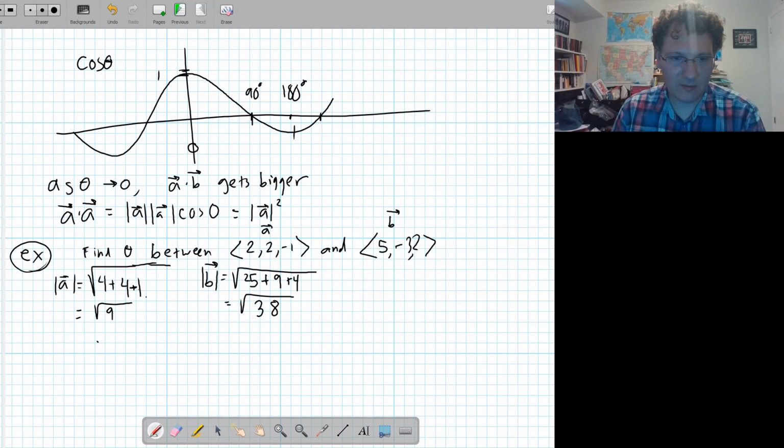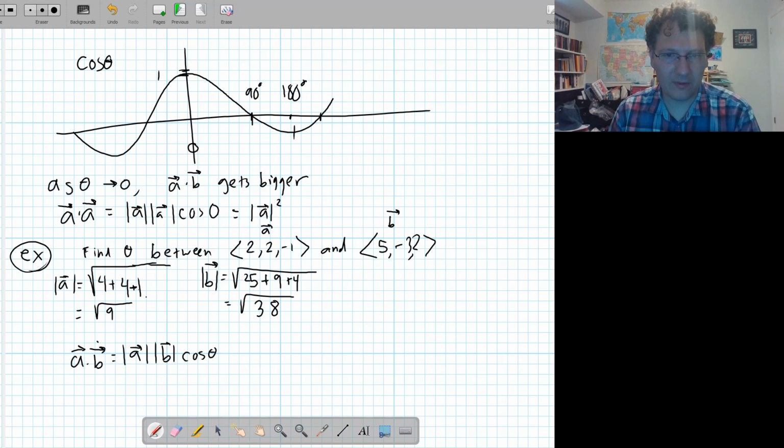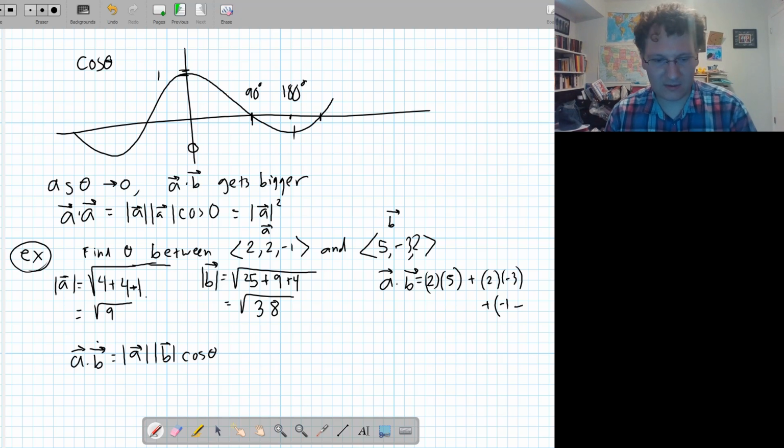So the theorem tells us that A dot B is equal to magnitude A times magnitude B times the cosine of theta. Well, the dot product of the two vectors, A dot B, if we're going to calculate using the definition of a dot product, it's going to be 2 times 5, plus 2 times negative 3, plus a minus 1 times 2.